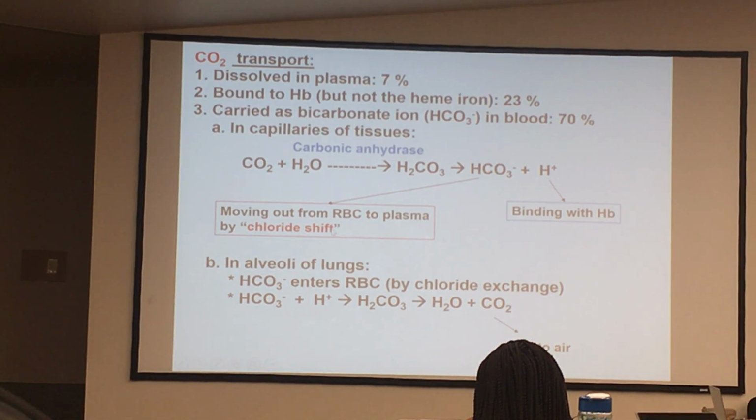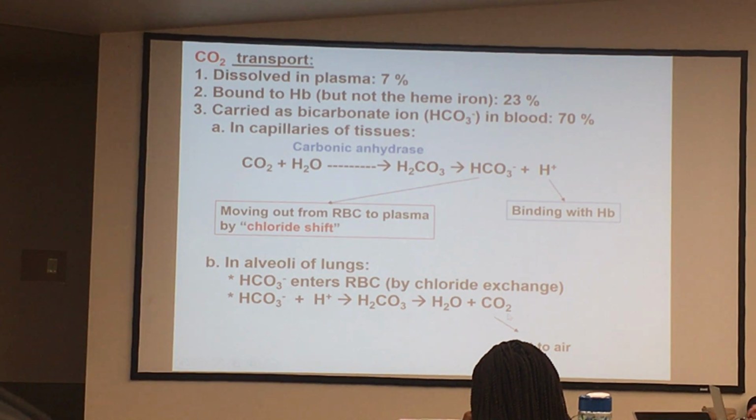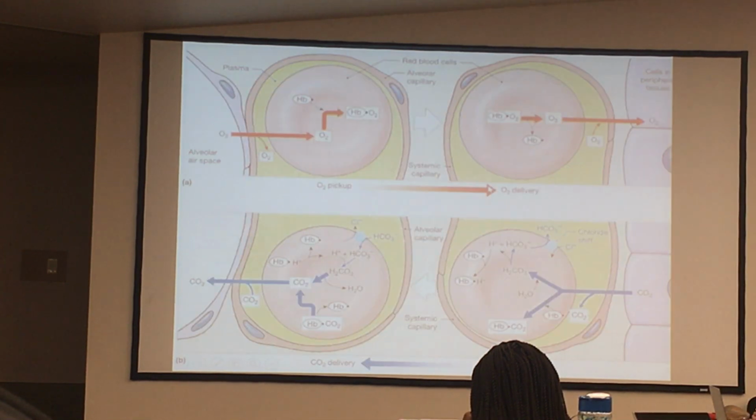And then they will most of the time be located in the plasma. When they reach the alveoli, the bicarbonate ion will enter the red blood cell from the plasma, and chloride will go out, and then this will bind with hydrogen ion and reverse the reaction, and become water and CO2, and then the CO2 can come out. So CO2 transport is mainly in the bicarbonate ion form.